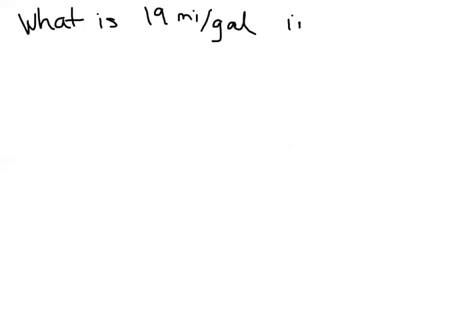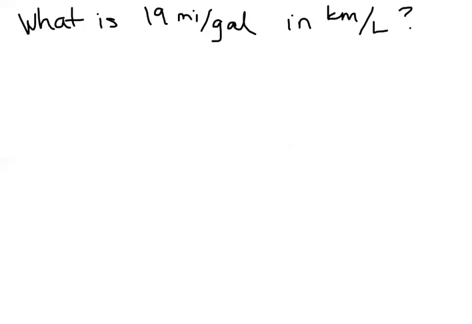For example, if I were going to Canada and I have a car that's 19 miles per gallon, and I wanted to know what that was in kilometers per liter, I would have to do a conversion factor.